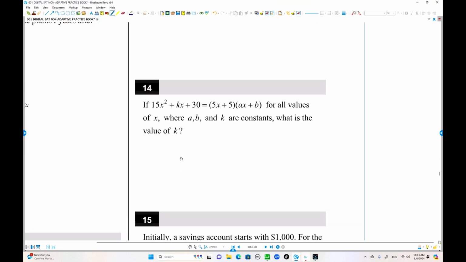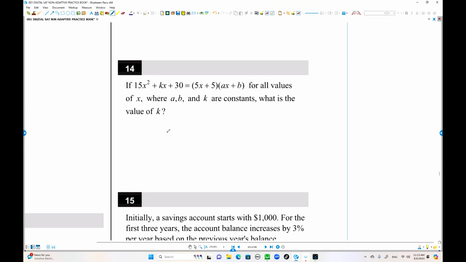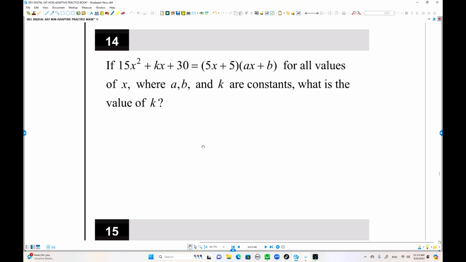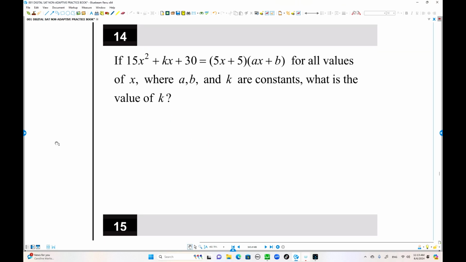Here is number 14. So the left hand side and right hand side expressions should be equal, because they are true for every value of x. This is what we call an identical equation.